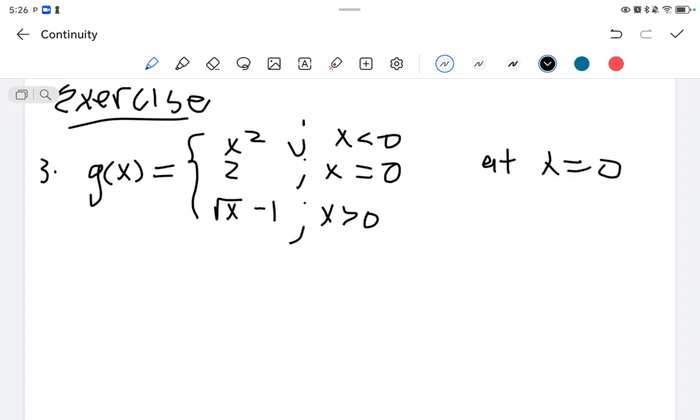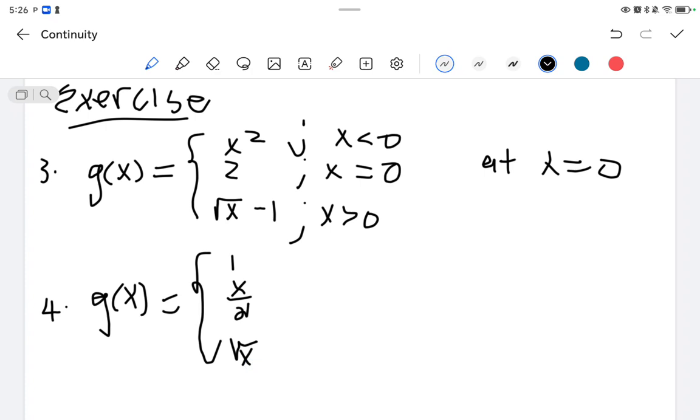Then we come to question 4. We have that g of x is 1, x over 2, and root of x.